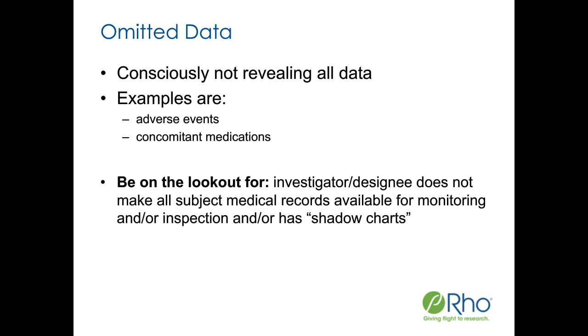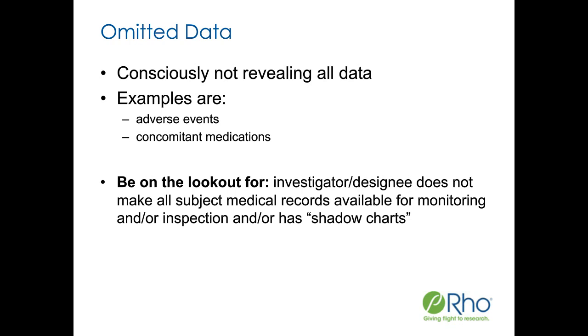When we talk about omitted data, obviously those are data that exist but are not revealed or reported. This can be consciously underreporting or inadvertent underreporting. Some examples typically of omitted data are adverse events and concomitant medications.